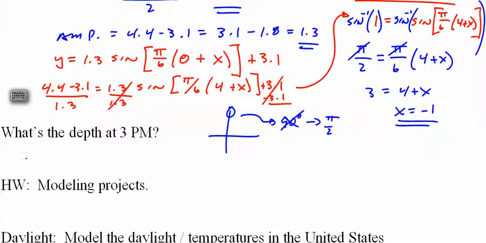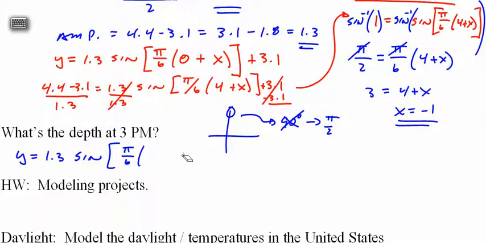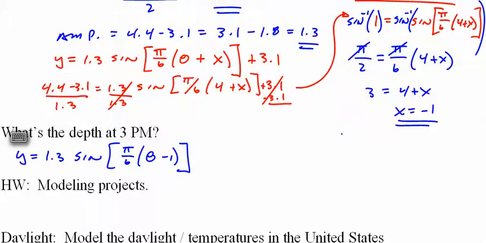So our equation is y equals 1.3 sine pi over 6 theta minus 1 plus 3.1.